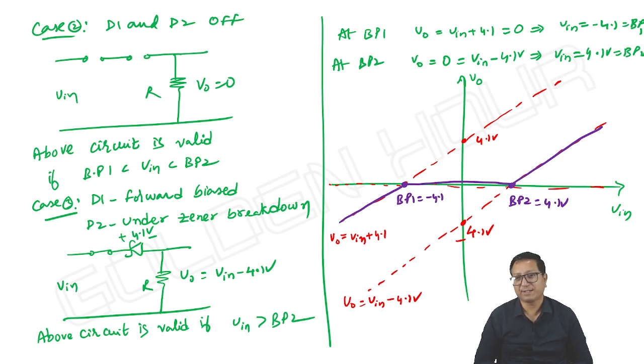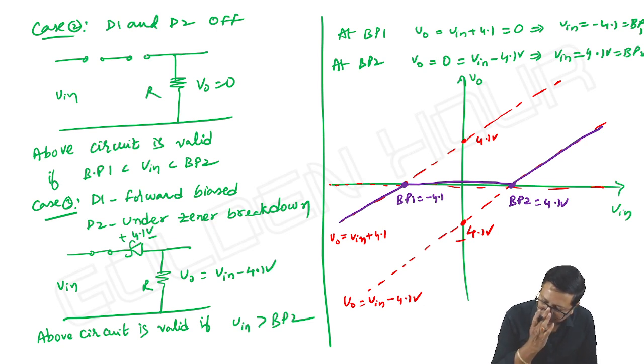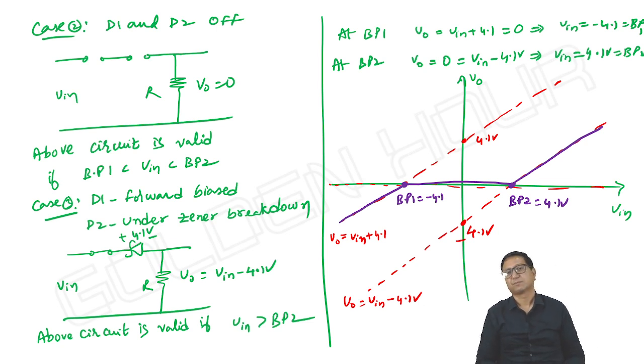This is how we can see the transfer characteristics of this particular case. With a single Zener diode, we did a similar problem. Now instead of one Zener diode, two Zener diodes.